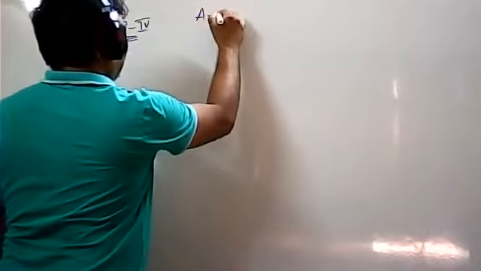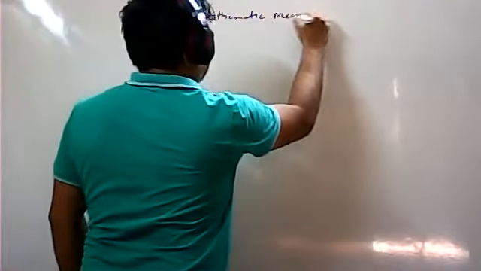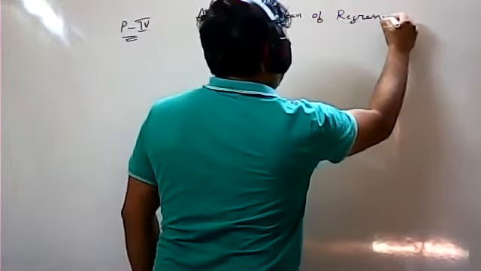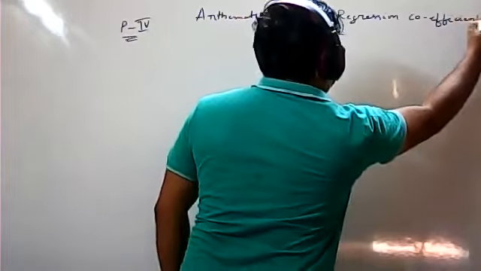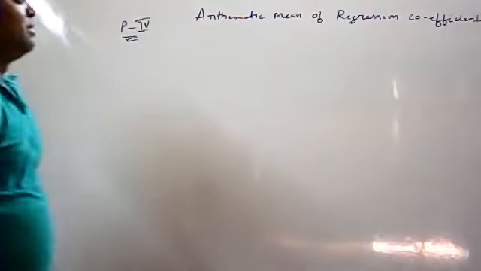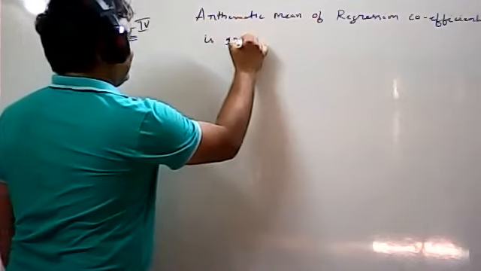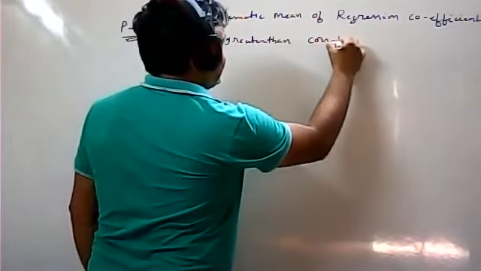Arithmetic mean of regression coefficients is greater than the correlation coefficient.